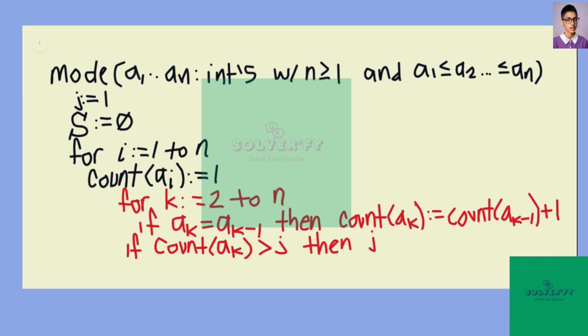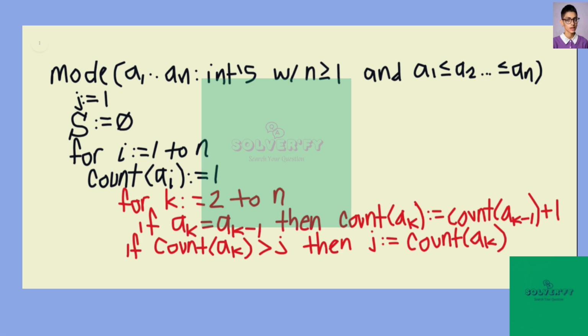So that's going to be keeping track of how many times an element occurs, but only the one that has occurred the most thus far. And so as we find numbers that have occurred more than once, we can keep comparing them back to j here and keep track of only the ones that are occurring the most.